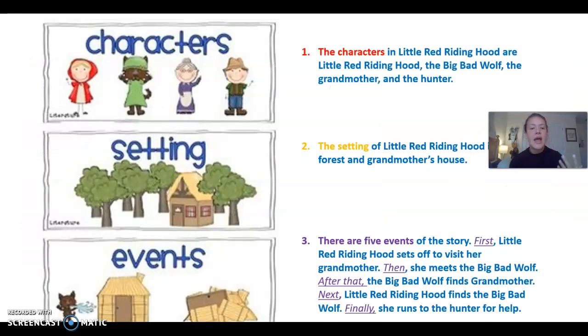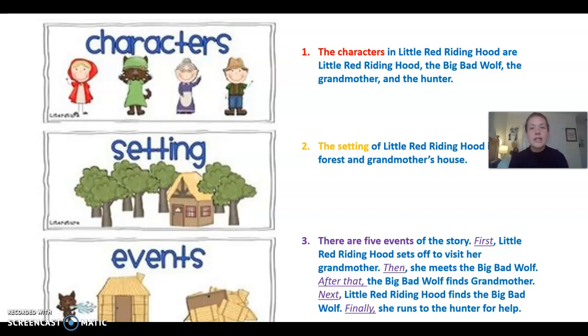So, for example, in Little Red Riding Hood, do you guys know that story? It's about Little Red Riding Hood, and she meets a wolf on the way to Grandma's house, and then the wolf finds the grandma first, and Little Red Riding Hood has to go ask for help. So, the characters in Little Red Riding Hood are Little Red Riding Hood, the big bad wolf, the grandmother, and the hunter, or the woodsman.